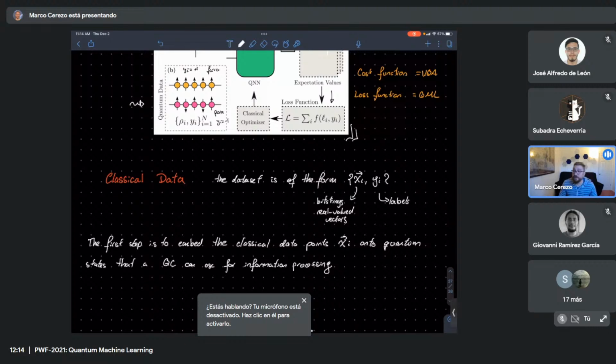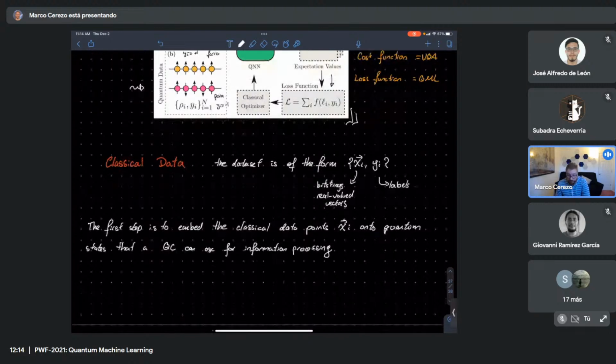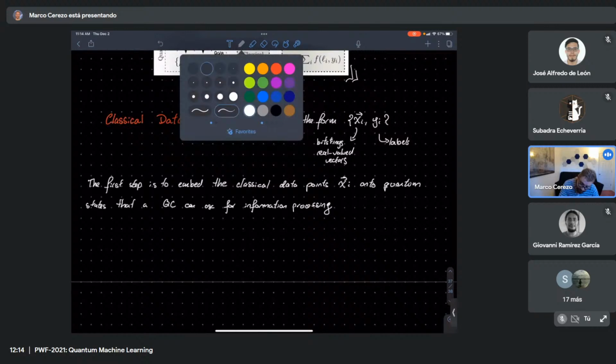Here, there is not one single way or one single recipe that we can follow to embed classical data into quantum data. There are actually multiple ways in which we can do this, and let us review some of them.